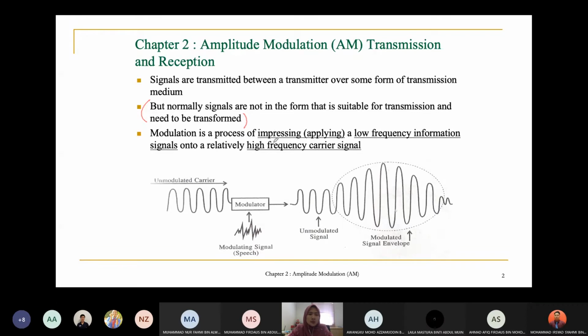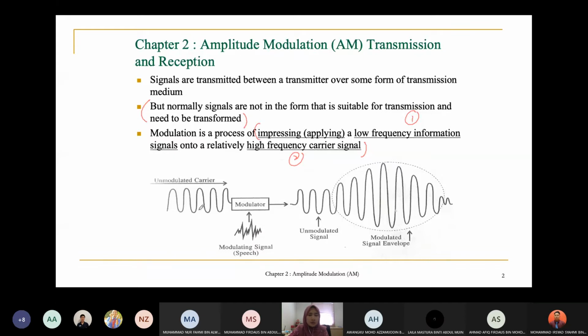This modulation process is the process of applying a low frequency information signal onto a relatively high frequency carrier signal. If you look at this statement, you will know that at the input of the modulator you have two signals. The first one is a low frequency information signal, and the other one is a high frequency carrier signal.